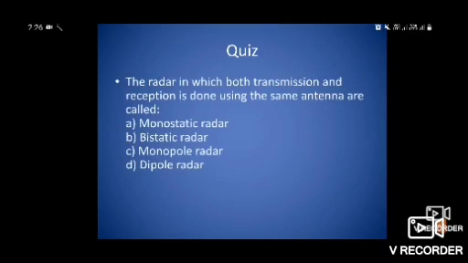the radar in which both transmission and reception are done using the same antenna is called as what? When we talk about radars, we can have two types of radars: the monostatic radar, and the bistatic radar. When the radar does both transmission and reception with the same antenna, we call it a monostatic radar.